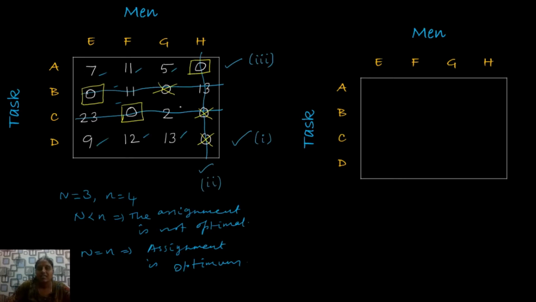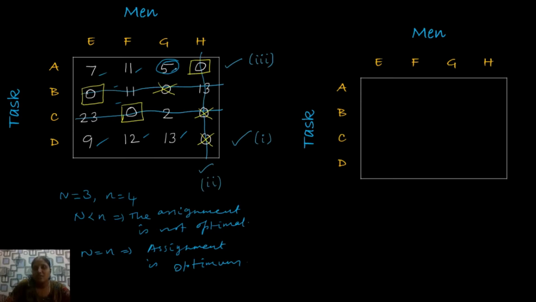These are all the elements not covered by any of the lines. Among these 6, 5 is the minimum element.